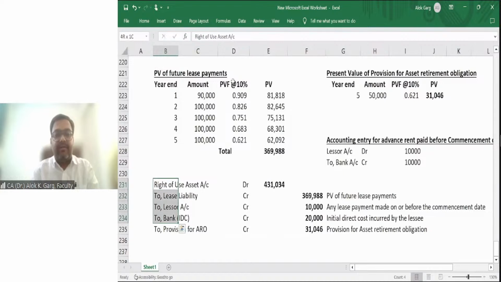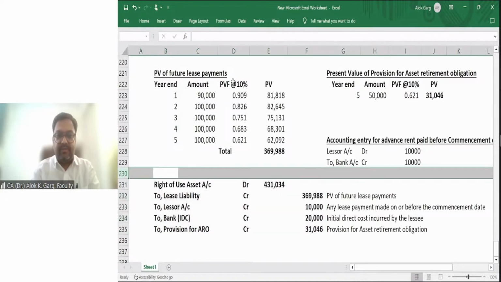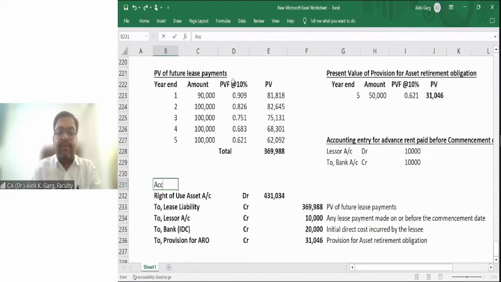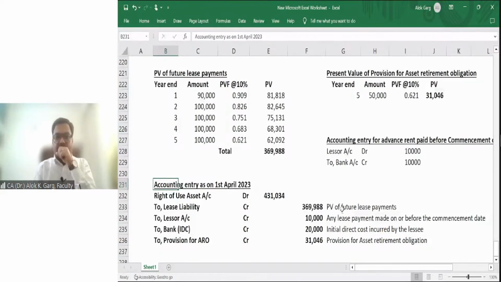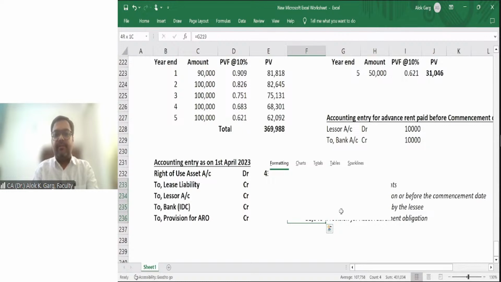This is the accounting entry which is going to be passed on 1st April 2023.